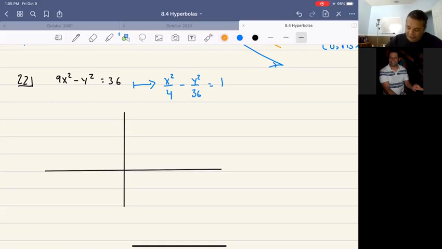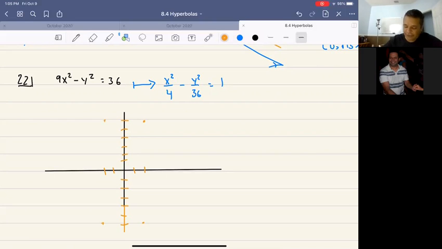Up, down, 6. Okay, left, right, 2. Okay, let's put these here.